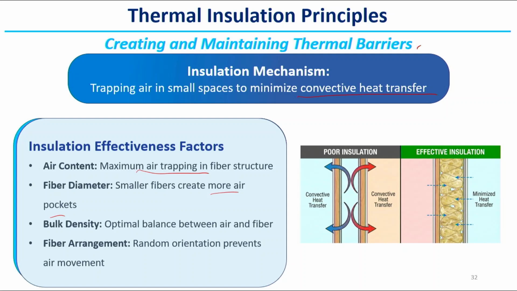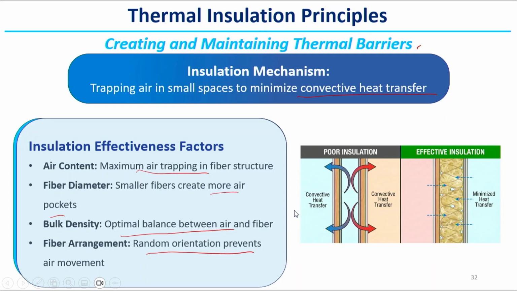Bulk density: an optimum balance between air and fiber. Random orientation prevents air movement. So, random orientation of fibers prevents the air movement.